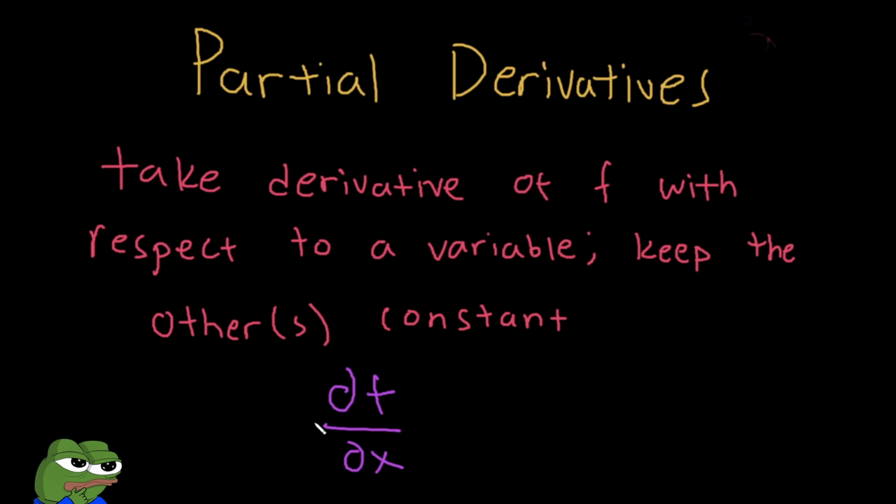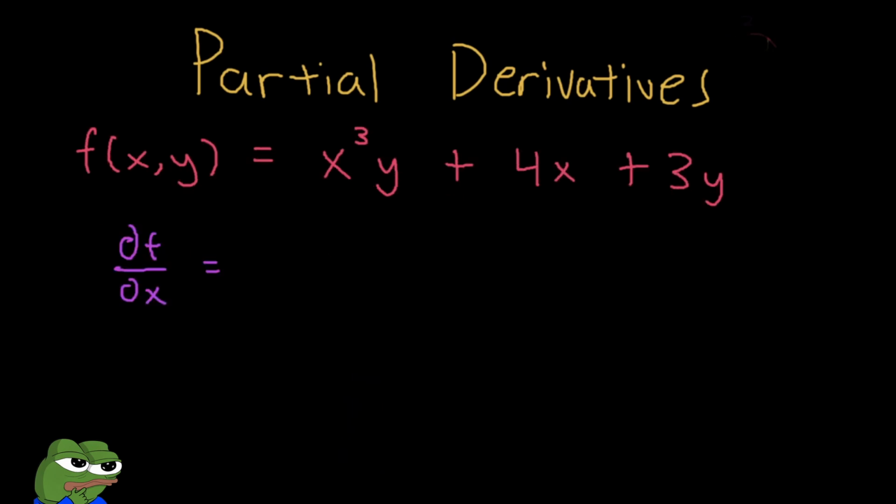So let's do an example. First example: f(x, y) is equal to x cubed y plus 4x plus 3y. Let's start out with an easy example. Here, I want to take the partial derivative with respect to x, so x will be my variable. In my first term, it's just a constant multiplied by x cubed, so I use the power rule.